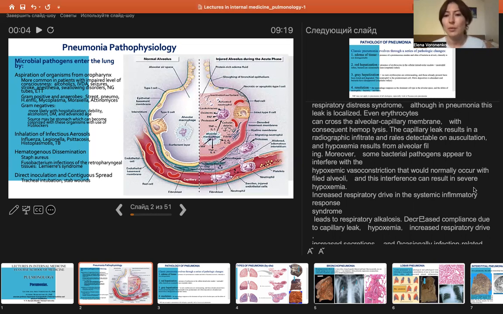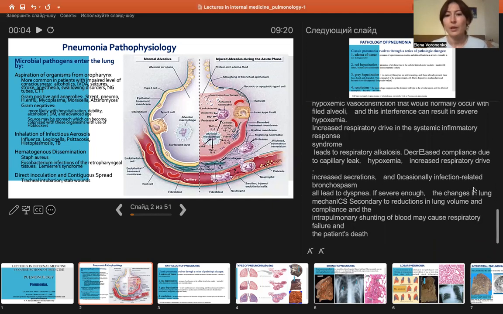Moreover, some bacterial pathogens appear to interfere with the hypoxic vasoconstriction that would normally occur with filled alveoli, and this interference can result in severe hypoxemia. Increased respiratory drive in the systemic inflammatory response syndrome leads to respiratory alkalosis.